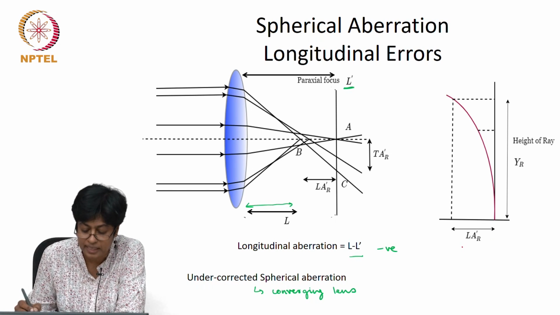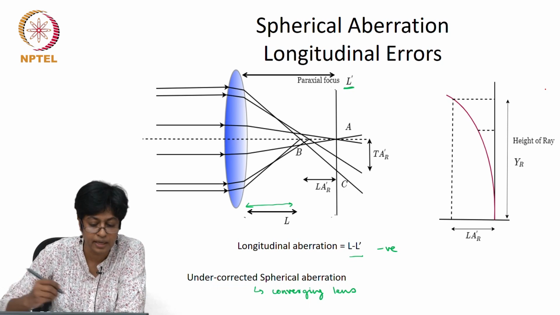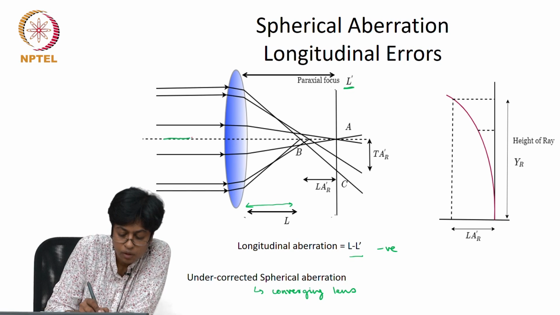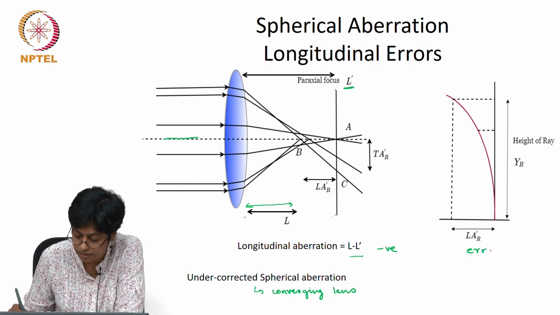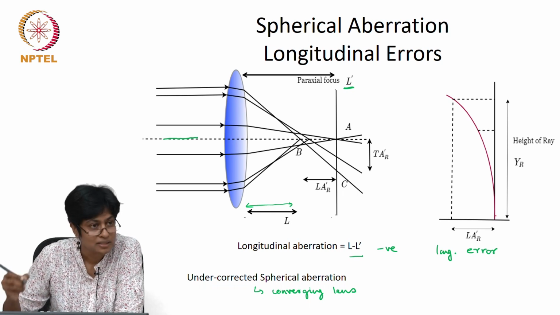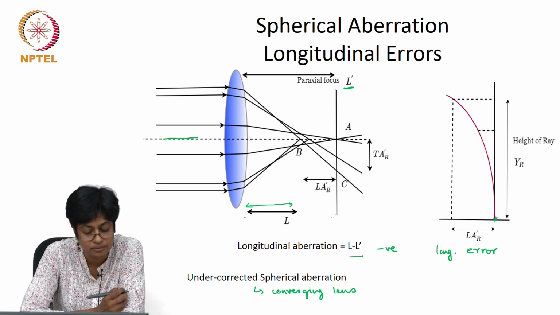So the y-axis is the height of the ray. For example, the paraxial ray would have height 0, and that's what you would plot here, and its error, the longitudinal error, is 0 too. So the paraxial ray has 0 height and 0 error.